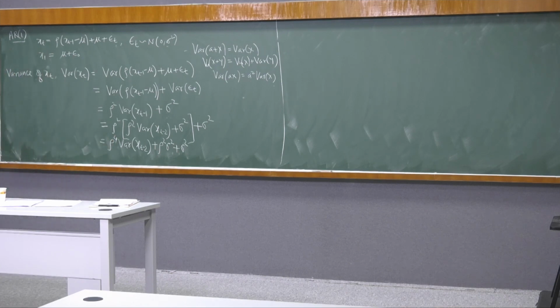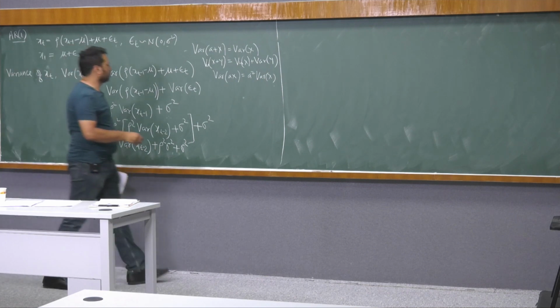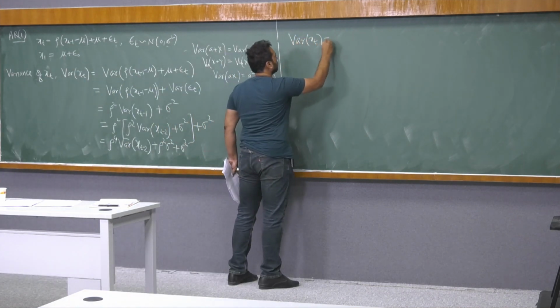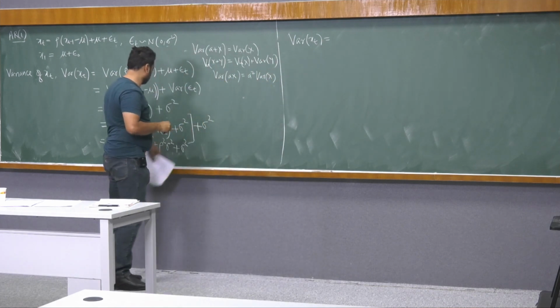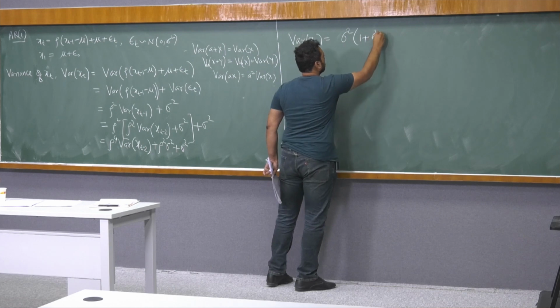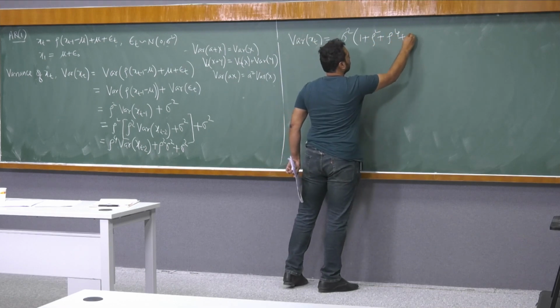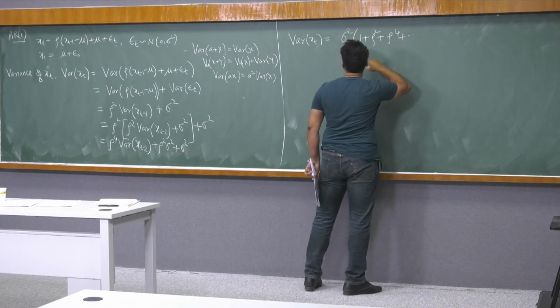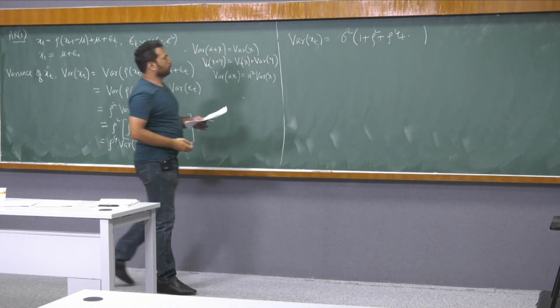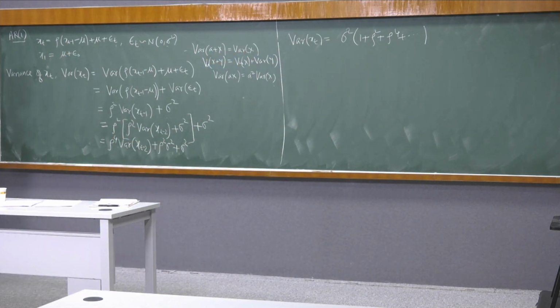So for t large enough, we will have sigma squared times 1 plus rho squared plus rho to the 4 plus dot dot dot. And if t is very large, then the last term will be almost 0.